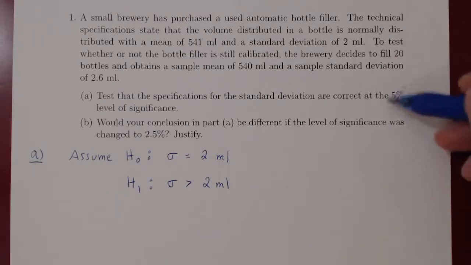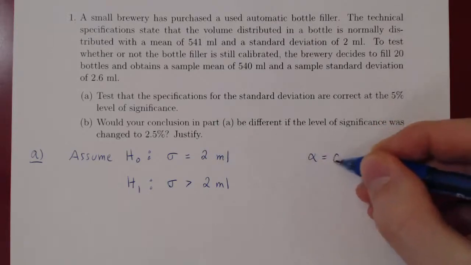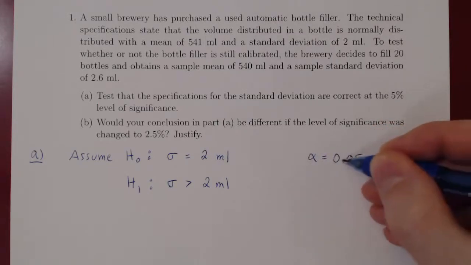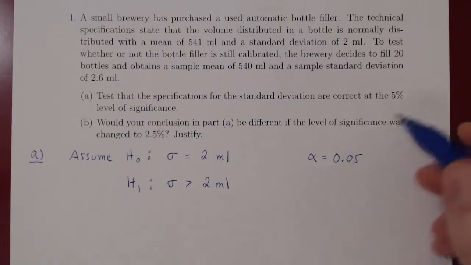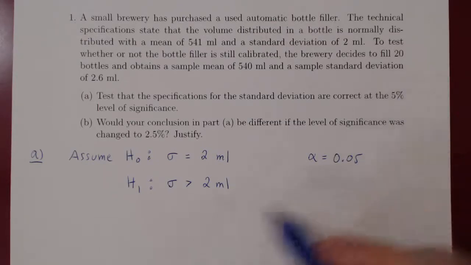So we have our null hypothesis and our alternate hypothesis. We are testing at the 5% level of significance. So this is alpha. So alpha is 0.05. And if you remember, the significance level will be the probability of a false positive. Therefore, the percentage of the extreme values that we reject.